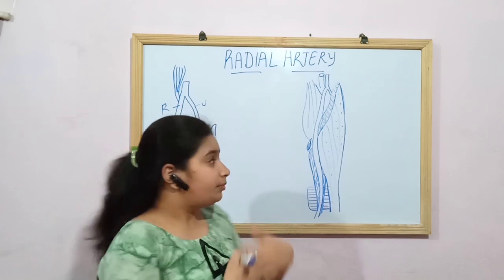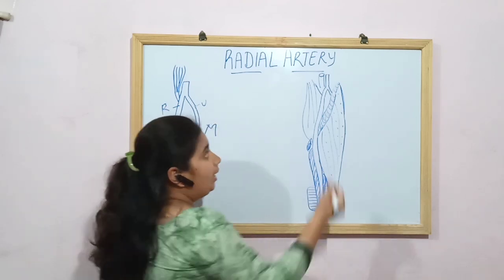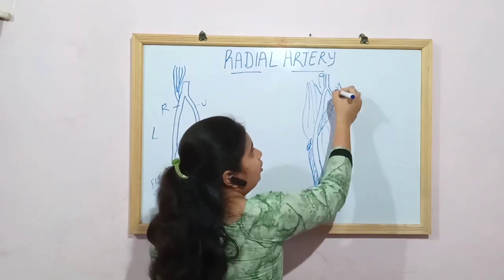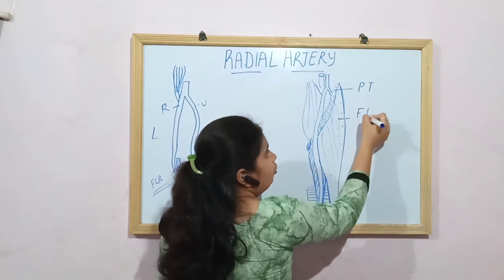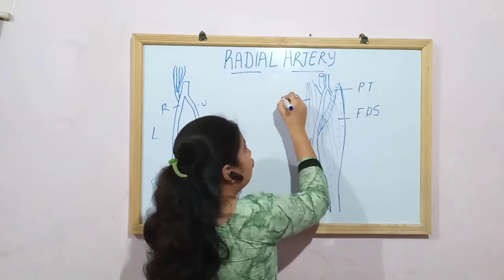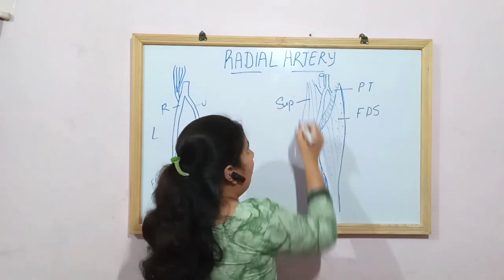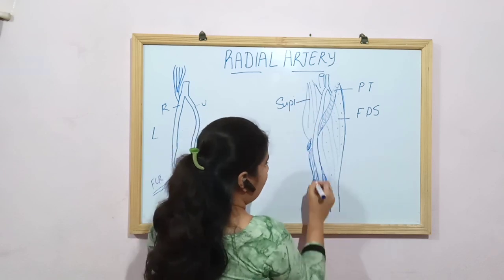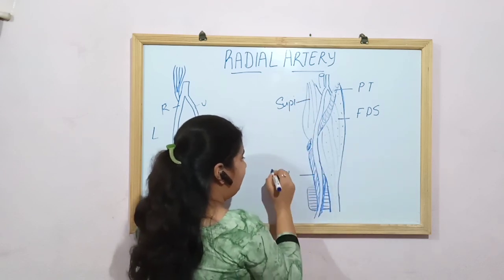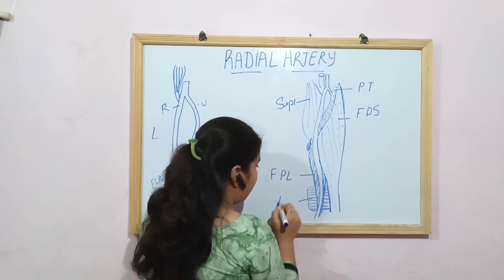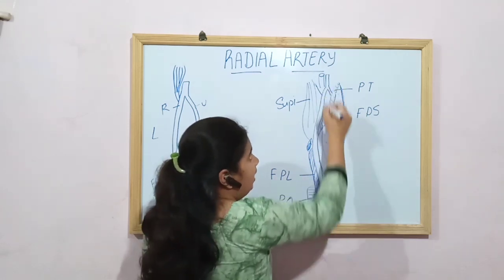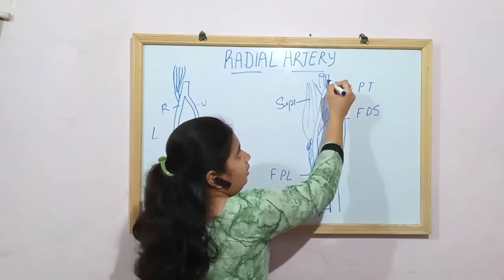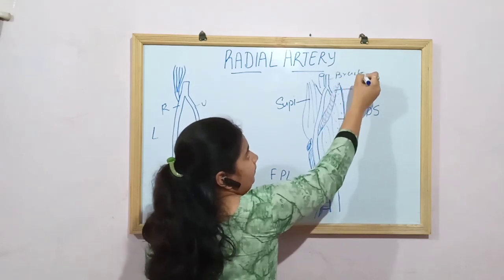And posteriorly it is in relation with these muscles: this is pronator teres, flexor digitorum superficialis, supinator muscle, flexor pollicis longus muscle, and this is your pronator quadratus muscle, and this is your radial artery which is bifurcating from the brachial artery.